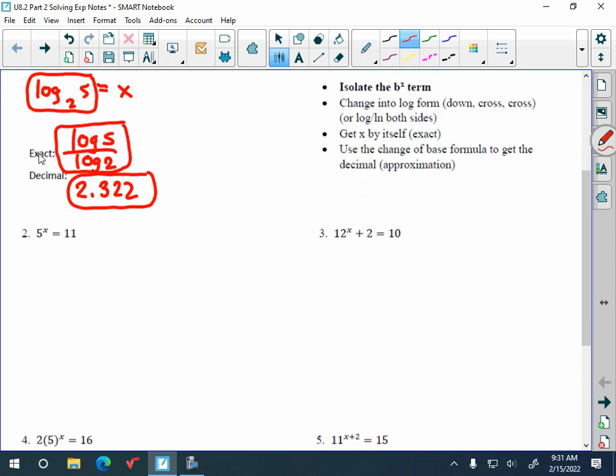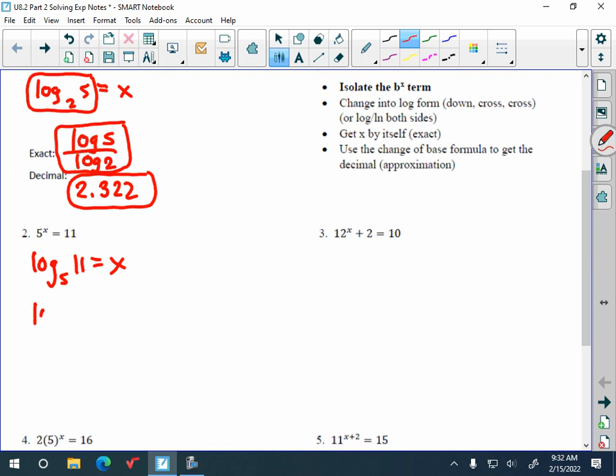All right, number 2. 5 to the x equals 11. We can see base 5 and base 11, you're never going to get them the same. So we have to use this log form. So this would be log base 5 of 11 equals x. x is already by itself.